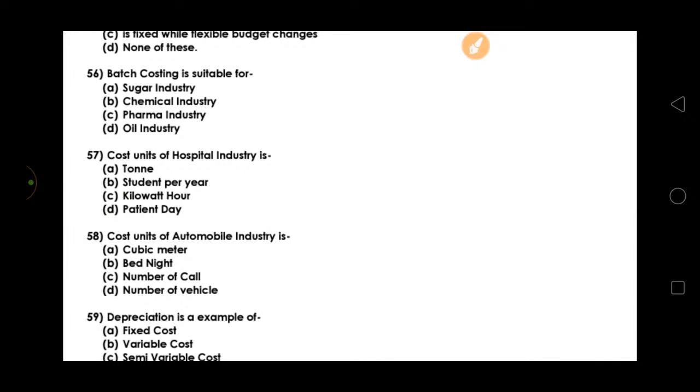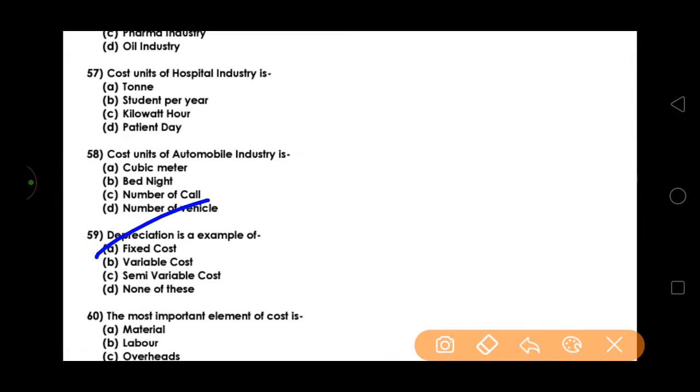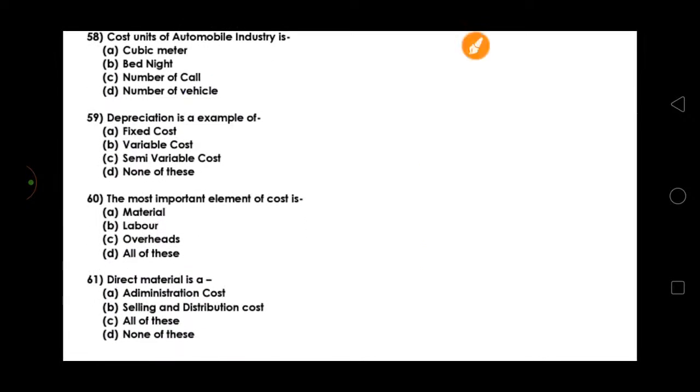Cost unit of automobile is number of vehicles. Depreciation is an example of fixed asset. Which is the most important element of cost? All the above. Yes, but the most important element, without material you can't do production.